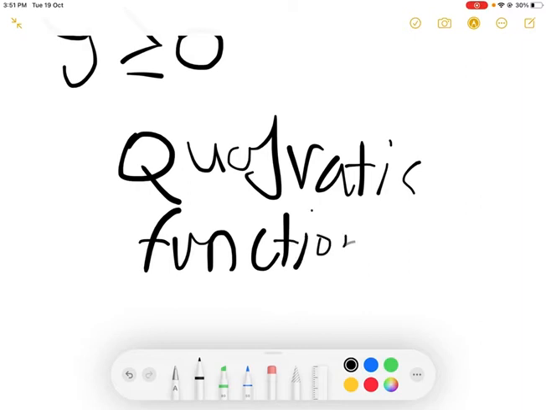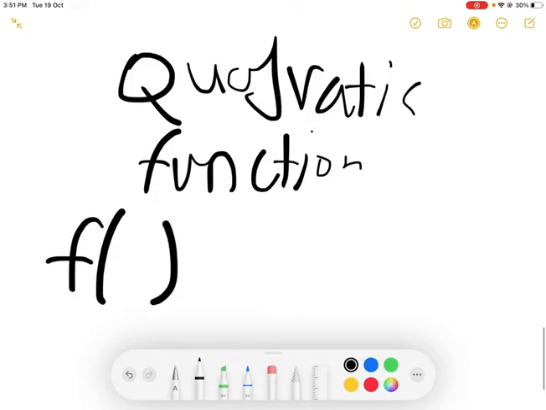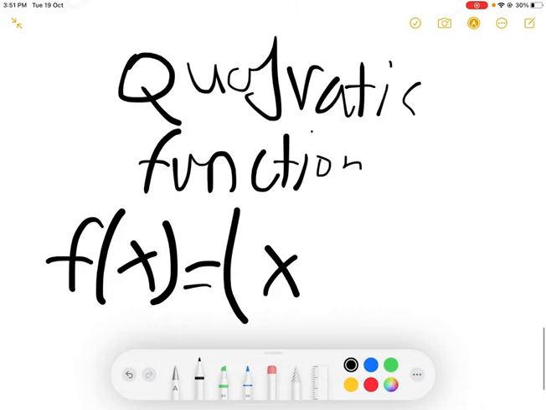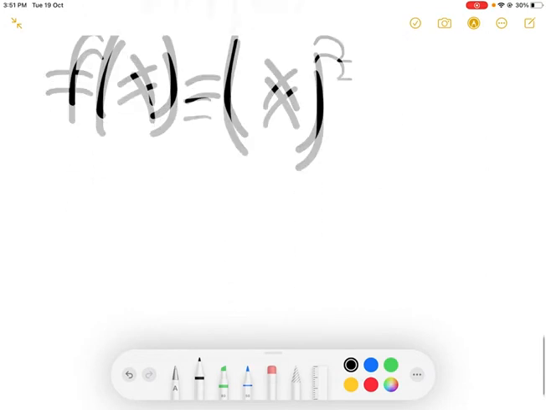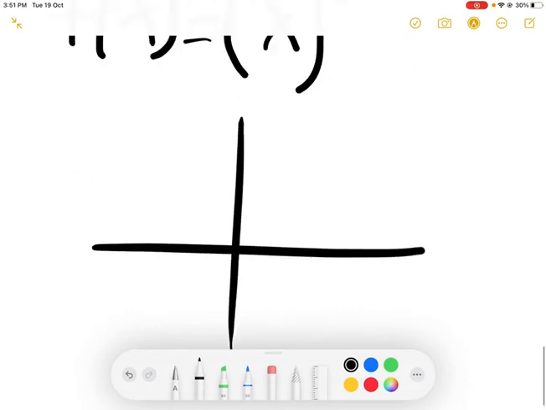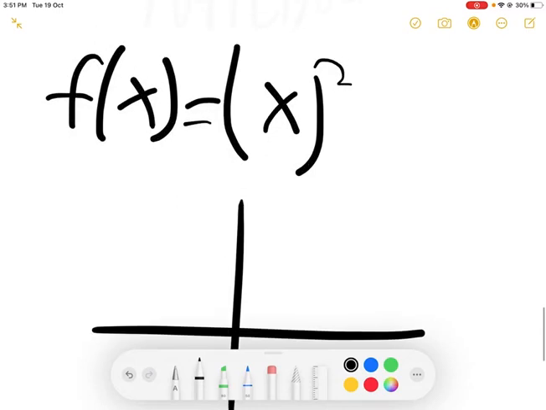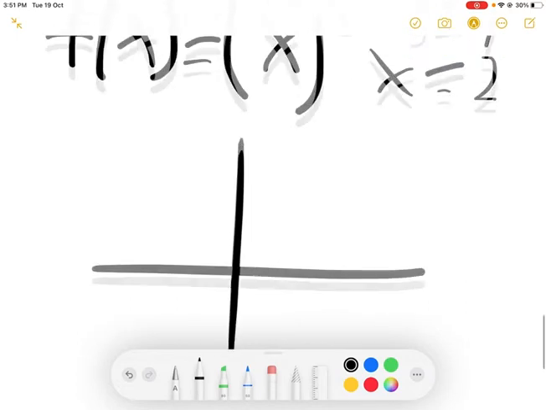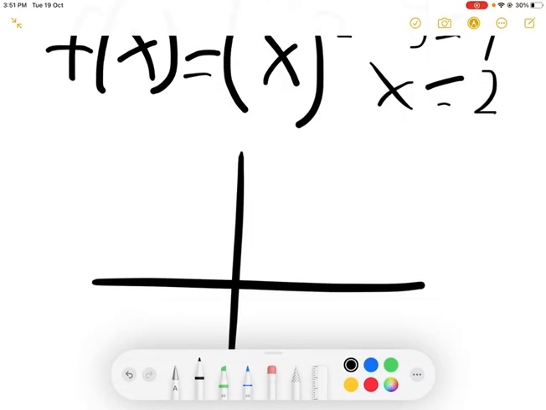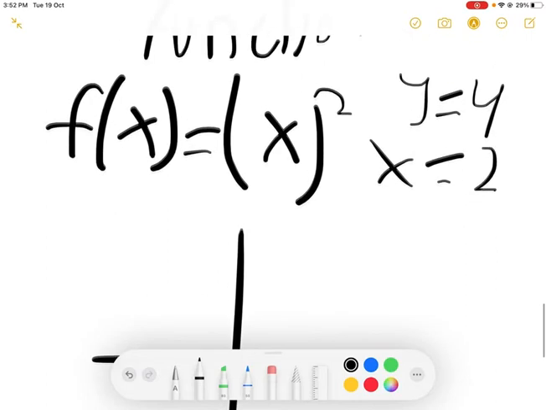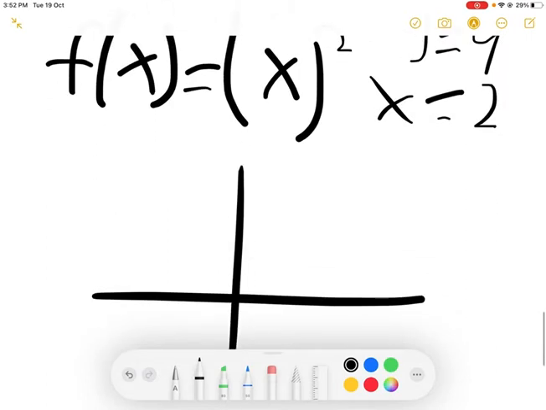So it's a function in which f of x is equal to x squared. For example, if x is equal to 2, then y would equal 4.